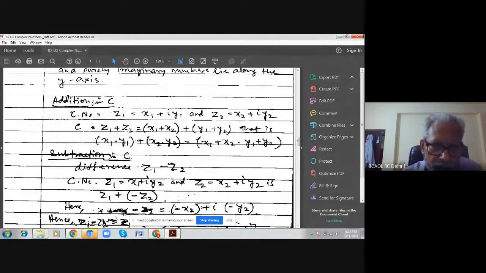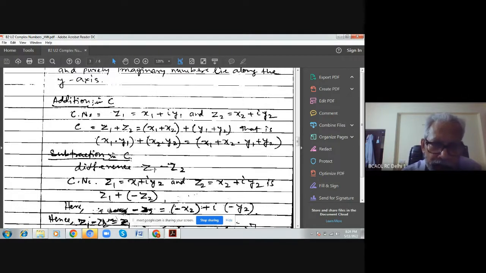So Z1 plus Z2, simply X1 and X2, that is the real part, you put in one bracket, and plus the imaginary part, iota Y1 and iota Y2, you can put separately. This is the way you have to add.